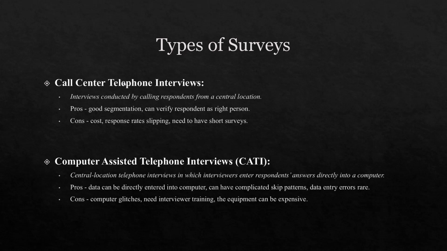The second type on this slide is called a CATI system, a computer-assisted telephone interview. Basically, it is a computerized telephone interview system, and when you have a computer assisting interviewers collect information, data can be directly entered into a computer, and the computer can help you detect data entry errors.